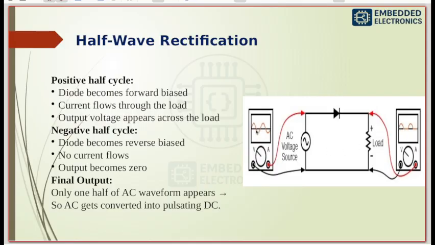But during the negative half cycle, the diode becomes reverse biased, so no current flows and the output is 0. So only one half of the AC waveform appears here, right? So AC gets converted into pulsating DC.